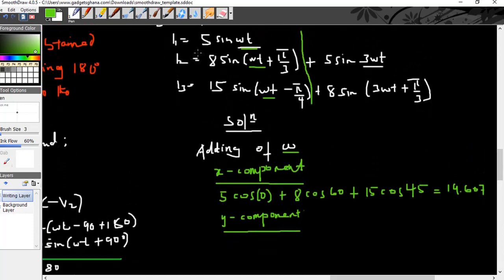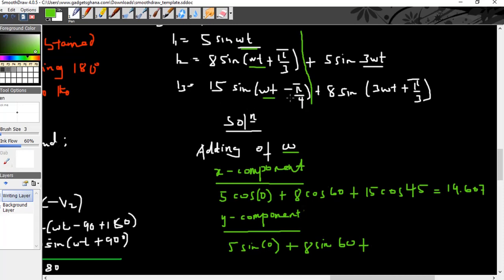Now let's see, we have 5 sine, there's no angle over here, so we have 5 sine of 0, and note that sine of 0 multiplying 5 will be 0. It doesn't exist. Then let's proceed. We have plus 8 sine of 60, and then plus 15 sine of 45.